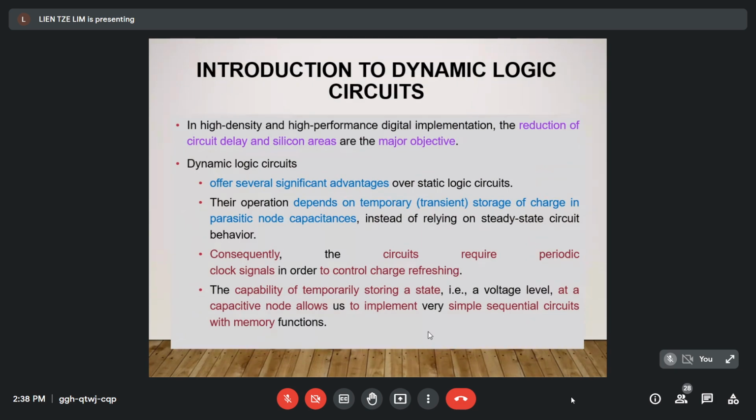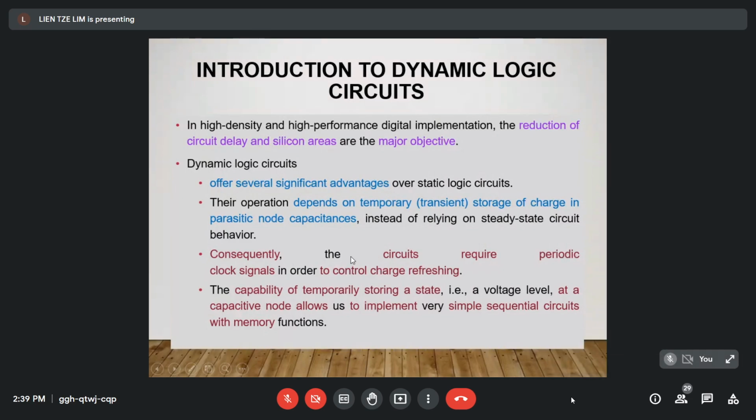Introduction to dynamic logic circuit. In high density and high performance digital implementation, the reduction of circuit delay and silicon area are the major objectives. Dynamic logic circuits offer several significant advantages over static logic circuits. Their operation depends on temporary storage of charge in parasitic node capacitance instead of relying on steady-state circuit behavior.